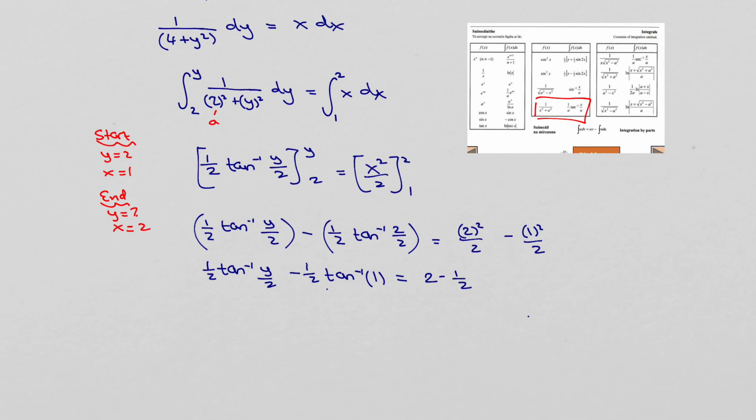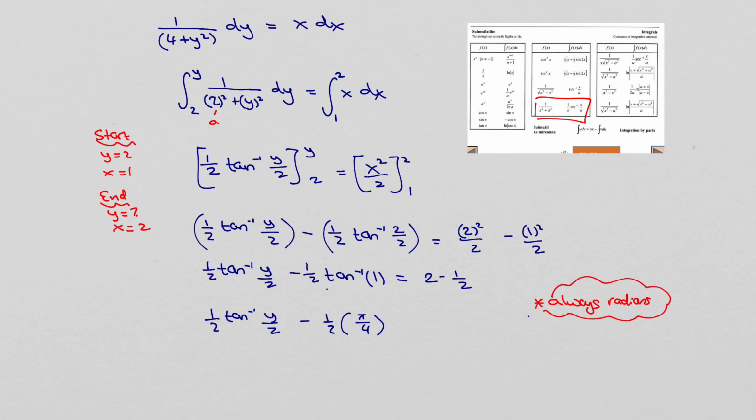Okay, so that's a half tan inverse of y over 2, and then that's minus a half tan inverse of 1. So it'll always be in radians here, so just note that. So when we're integrating, it's always radians. So therefore we have a half times pi over 4, and then 2 minus a half is 3 over 2.